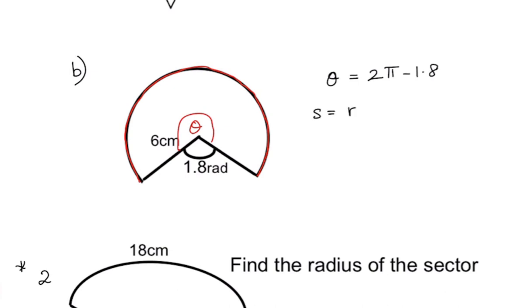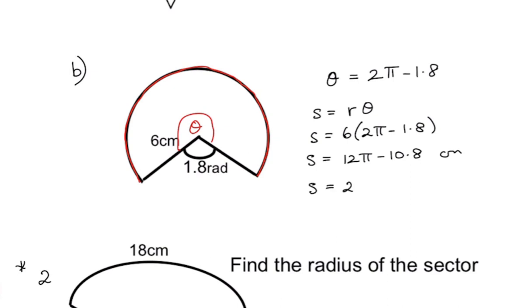So if S equals r theta, S equals 6 times 2 pi minus 1.8, S equals 12 pi minus 10.8, and that is exact. That's centimetres, or you can have it to 3 significant figures, and that's 26.9 centimetres, and that's correct, 3 significant figures, which is one of our standards.